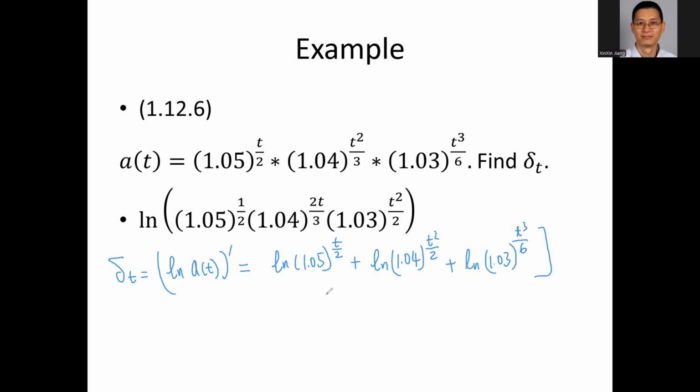And then you take a derivative with respect to t. I can simplify further: t over 2 times log of 1.05, plus t squared over 2 times log of 1.04, plus t to the third over 6 times log of 1.03. Then you differentiate it with respect to t.